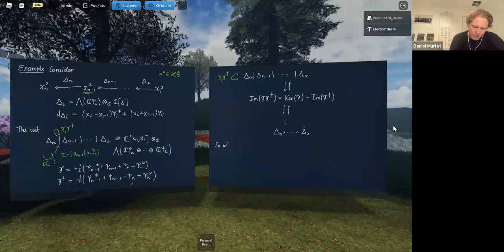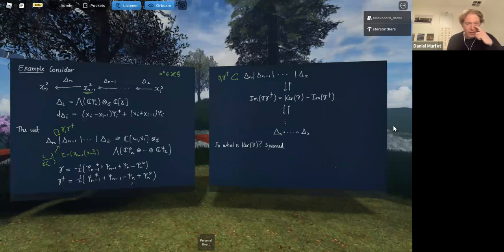Okay, so what is the kernel of gamma? Well, to cut a long story short, if you just look at that formula and try and think, you could do this exercise yourself.